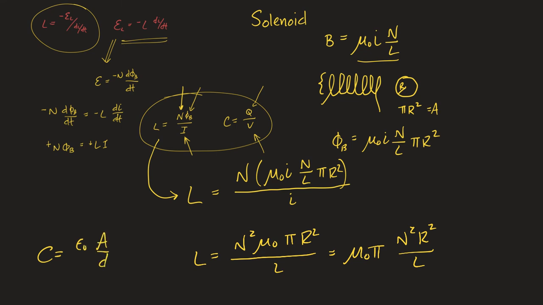Area of the plates, separation distance of the plates, that determined how much charge could be stored. Solenoids or inductors are going to have a similar geometric set of properties, where the size of the inductor is going to determine how much inductance it can provide. I don't think these are surprising. I think maybe where the L is, is a little surprising. Maybe not terribly so, but L is in the denominator. So if you make your solenoid longer, it's less effective at acting as an inductor.